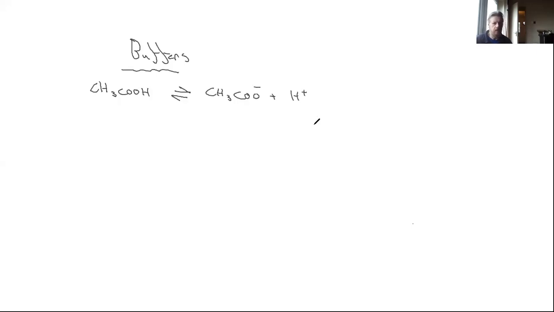So is that a buffer? Not yet. We ought to talk about what buffers do. They resist small changes in pH. Is that what they mean when you say it maintains pH? Yeah, that's better actually, less cumbersome.